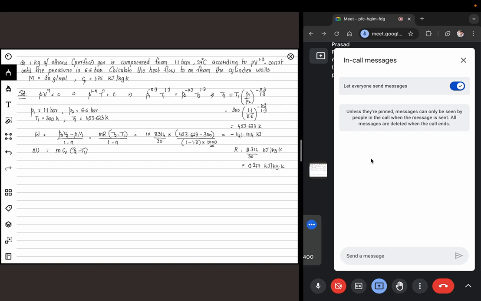And we know Cp minus Cv is R. So Cv is given by Cp minus R. Cp is 1.75. This gives me 1.473 kilojoule per kg Kelvin. So I can directly use that here. Mass is specified as 1 kilogram, Cv is there, and initial and final temperatures are also specified.